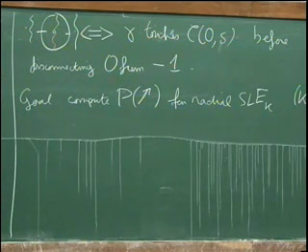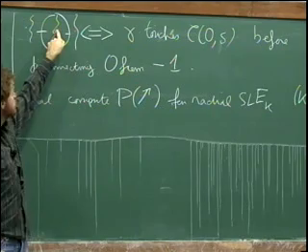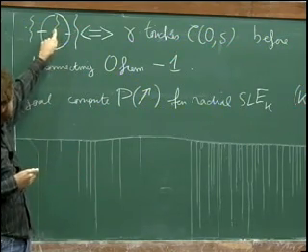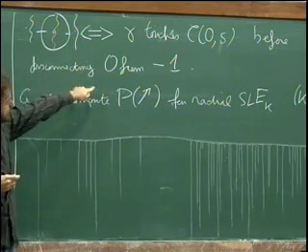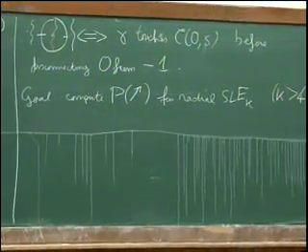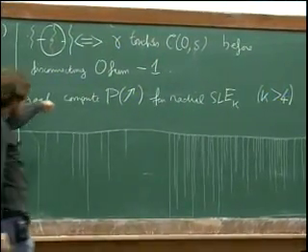For kappa less than 4, it will be a simple curve. You will reach delta without ever touching the boundary or touching your past. So you cannot possibly disconnect 0 from minus 1, and this probability is equal to 1. So it doesn't make sense to look at this for kappa less than 4. How do you compute this?